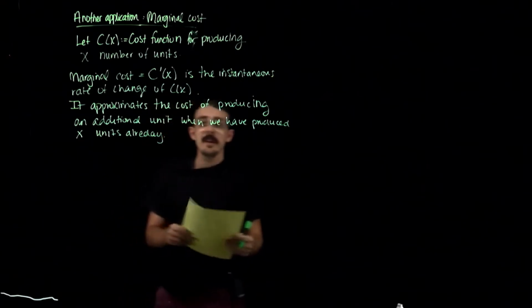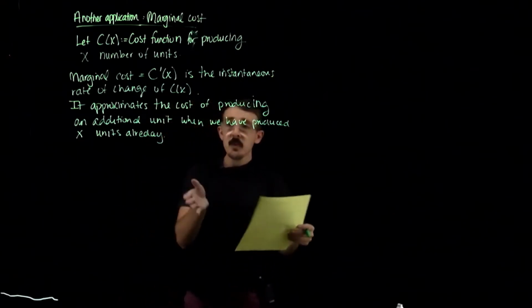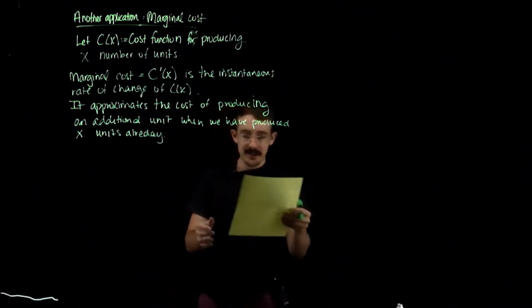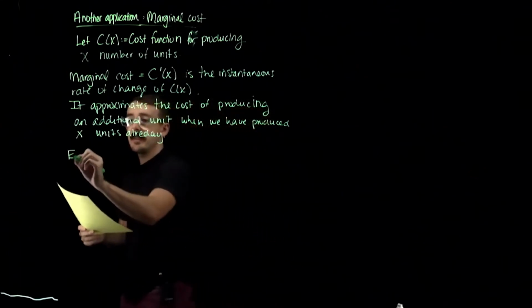So it's an indicator of how much it would cost to produce just the next unit of a good. So let's look at an example of this.